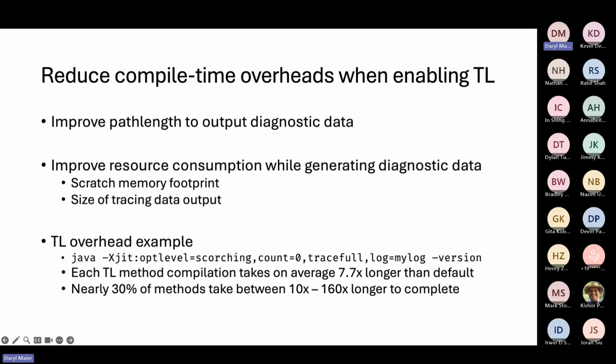On average, it takes about 7.5 to 8 times longer to compile every single method when you've got tracing enabled. But for about a quarter of the methods, maybe even almost a third, they take much longer than that, somewhere between 10 and 160 times longer for the compile to complete when you've got tracing enabled. And there's various reasons for that.